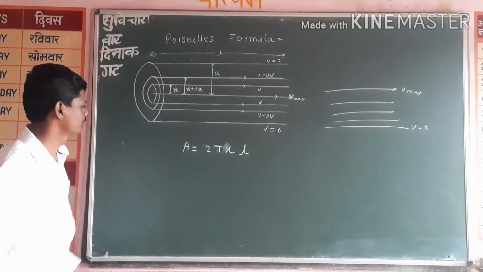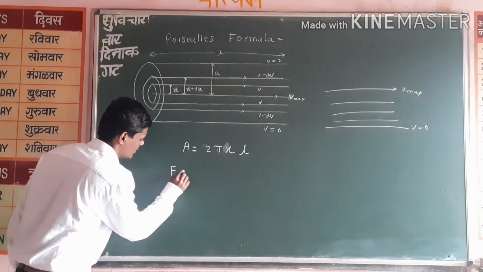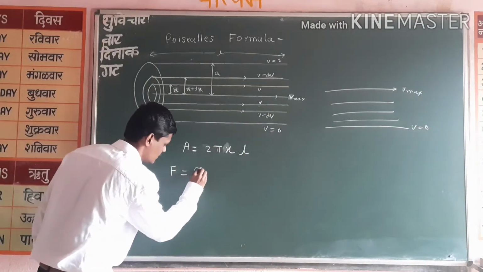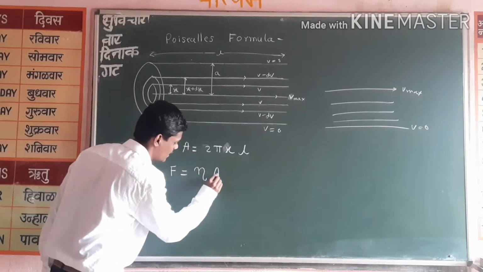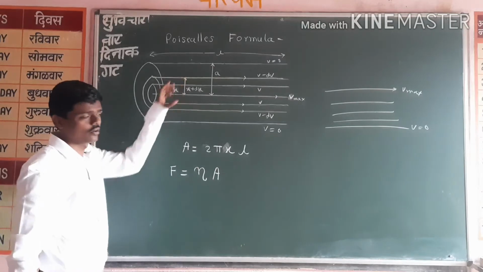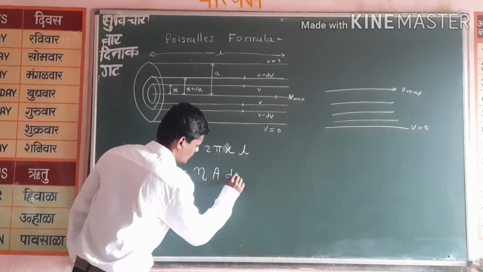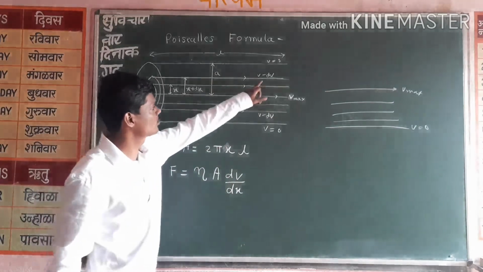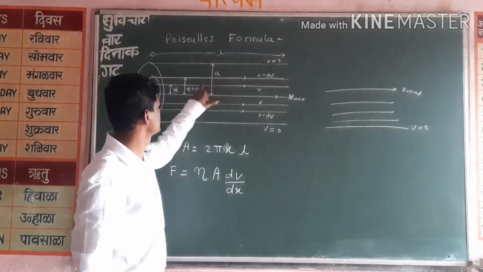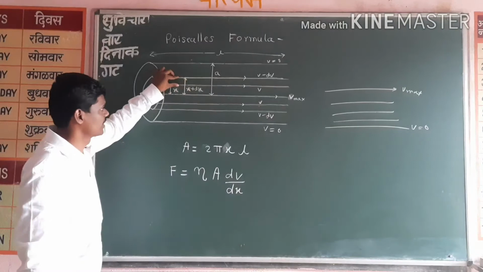Now we know the drag force can be given as F equals eta, the coefficient of viscosity, times the effective area of contact, times the change in velocity with respect to distance. Here the change in velocity is dv and the distance is dx. We are studying this layer.